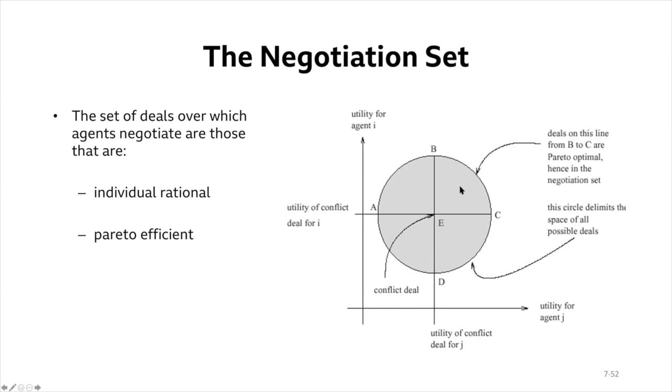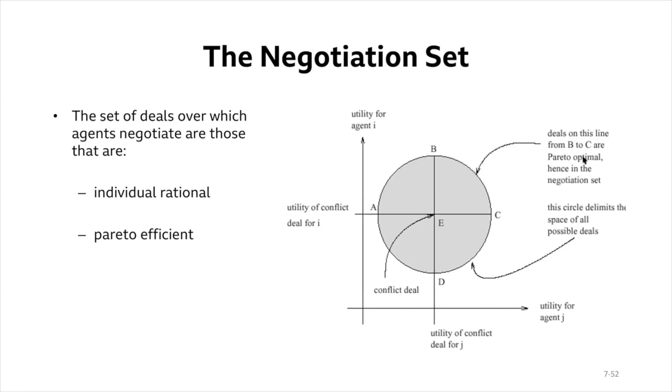So what does Pareto efficiency mean? Well, you can move up to this point here, and that would make agent I better off without making agent J any worse off, right? You could just move from this point directly north to hit this line here, and that would make agent I better off without making J any worse off. But actually, you could do better. You could move diagonally upwards. You could make both of them better off.